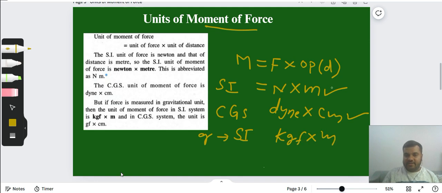In the CGS gravitational measurement, it is gf multiplied by centimeter. Newton meter and kgf meter are one category, and dyne centimeter and gf centimeter are the other. This is the notation of the unit of the moment of force. Normally we consider the SI system, that is Newton meter.